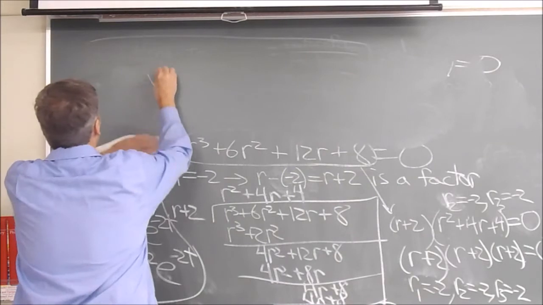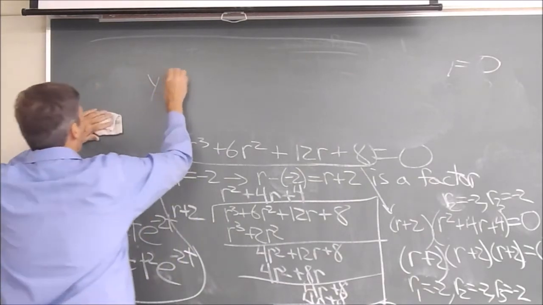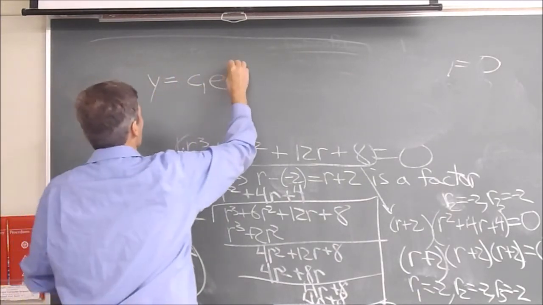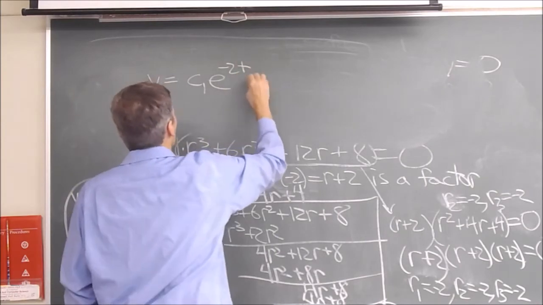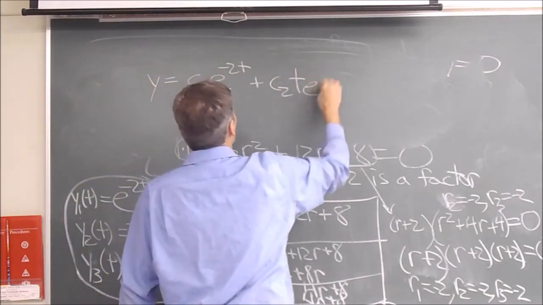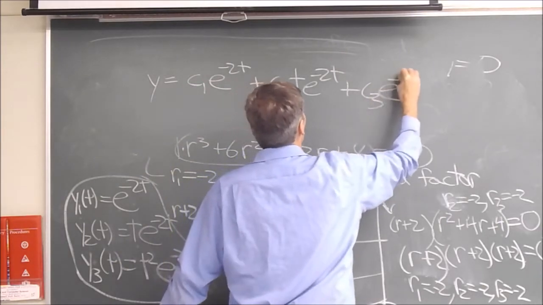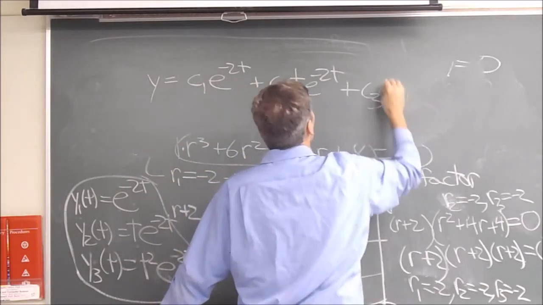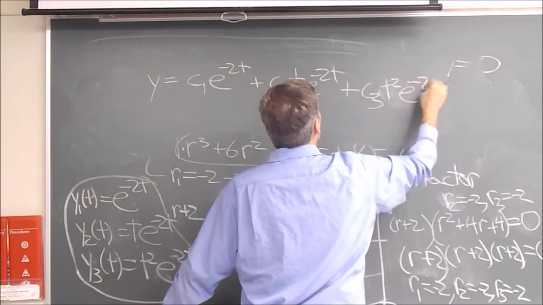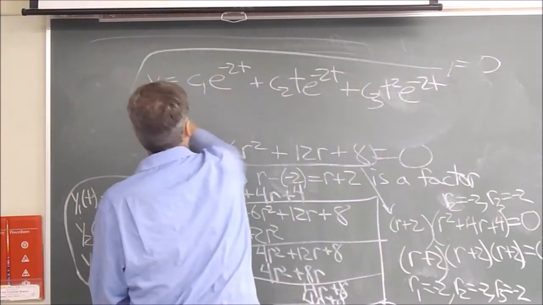It's this. Since these are independent solutions, y equals an arbitrary constant times the first, plus an arbitrary constant times the next, plus an arbitrary constant times the last, gives the general solution. There it is.